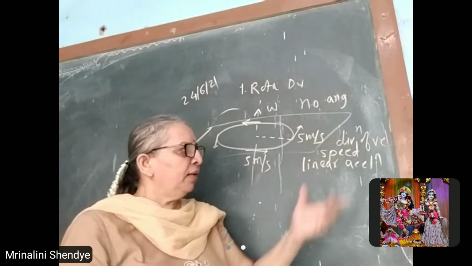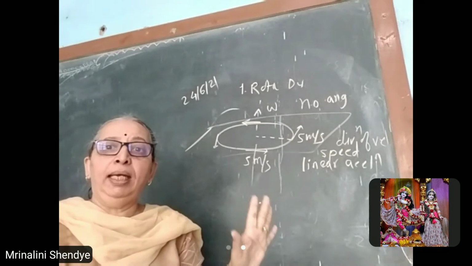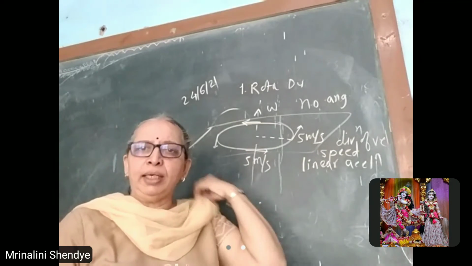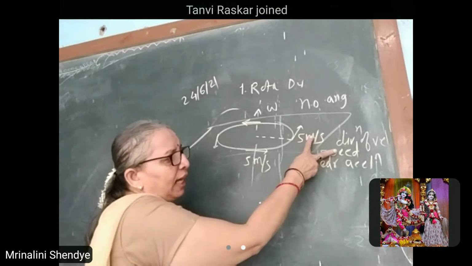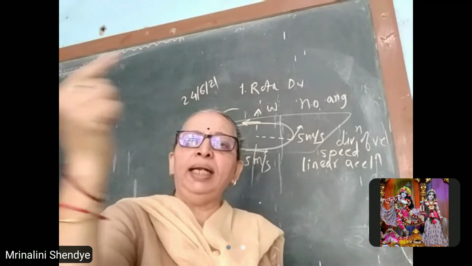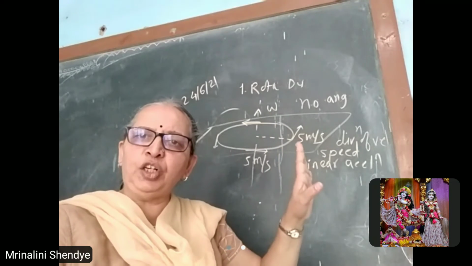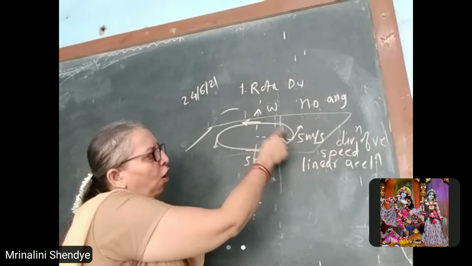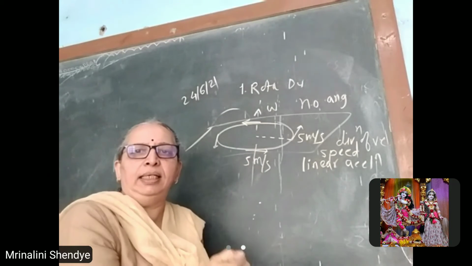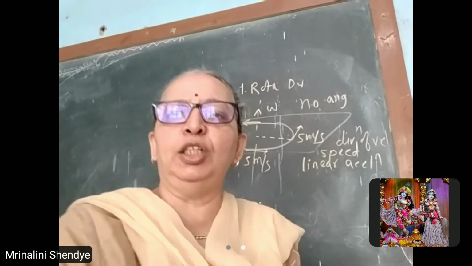So linear velocity changes in direction, in this case remaining constant in magnitude. In a few circular motions, both change simultaneously. If a rotating fan with constant angular velocity is switched off, then the magnitude of linear velocity gradually decreases till the fan rotation stops.